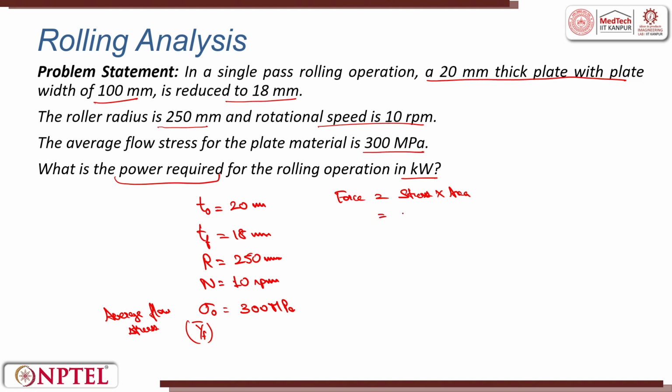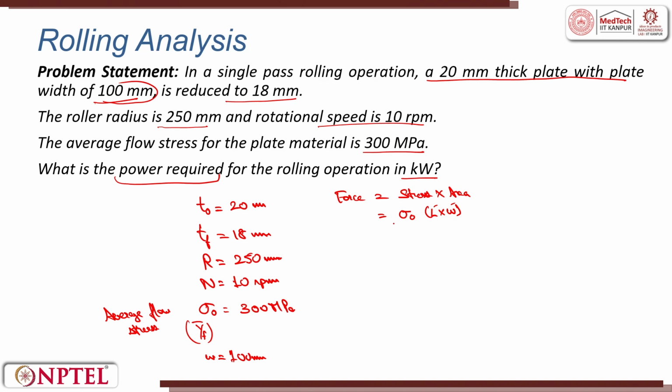This is equal to average flow stress into length into width. So, I need to know the length here first. Width of the plate is given here, 100 millimeters. W is equal to 100 millimeters.